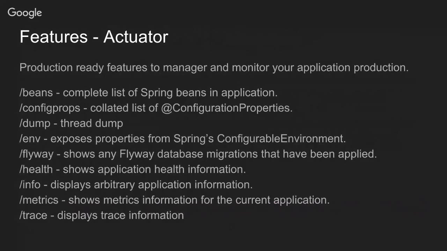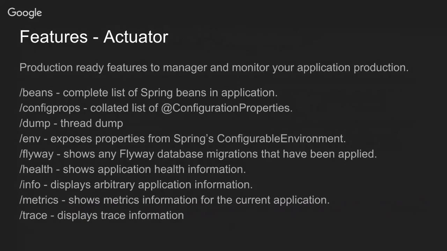Now this is a really cool feature, I think. It's called their actuator feature. And what it does is it provides features that allow you to manage and monitor your application. It has endpoints that if you point to that endpoint, it'll give you a complete list of beans, configuration properties that are passed in the application. It'll do a thread dump for you, and you get to read it right there.